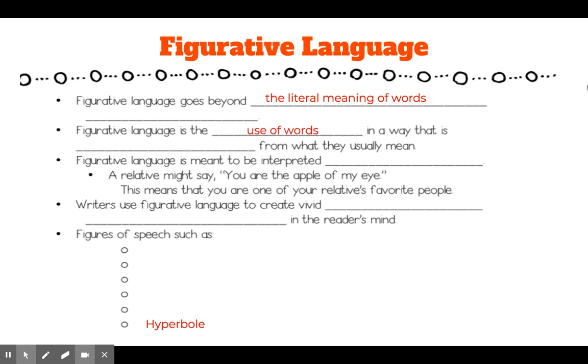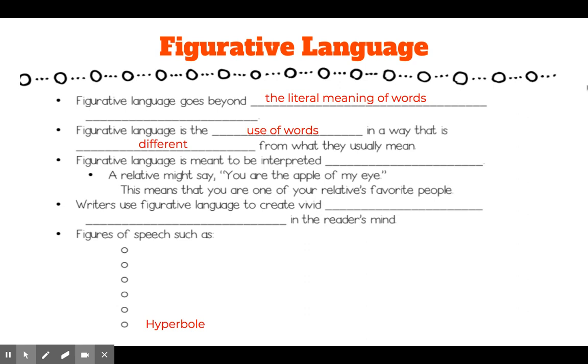So figurative language is the use of words in a way that is different from what they usually mean. So like we said, there's kind of some hidden message or meaning behind what's actually being said on the page.